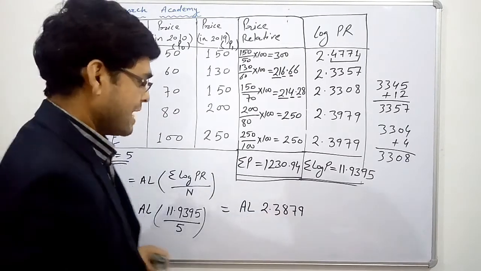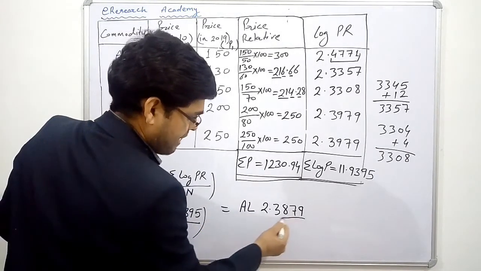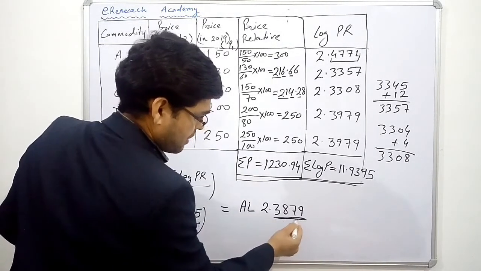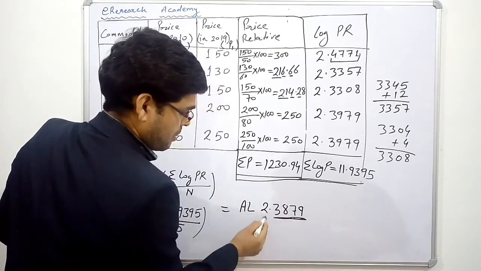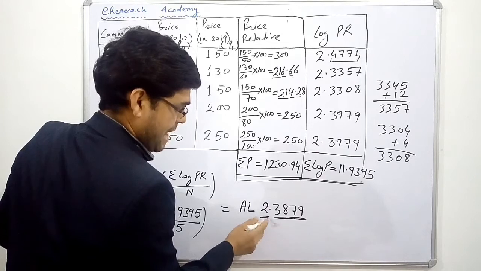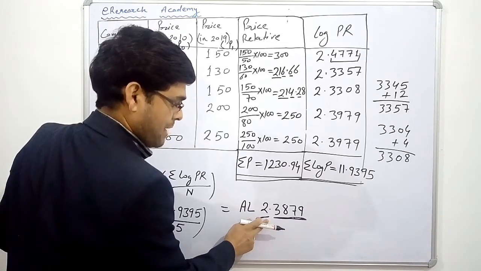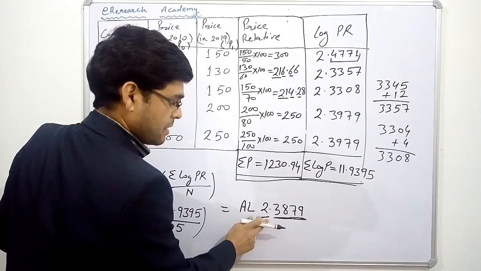Now we have to look this value up in the antilog table. While looking in the table, we only find the value for the mantissa, not for the characteristic. The characteristic only helps to find the decimal point in the value, at what place the decimal will be inserted.